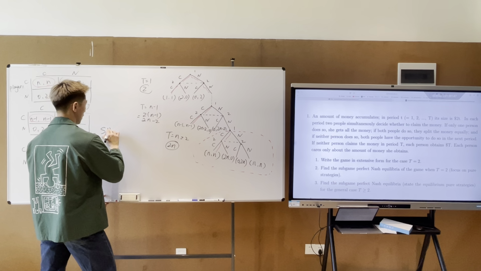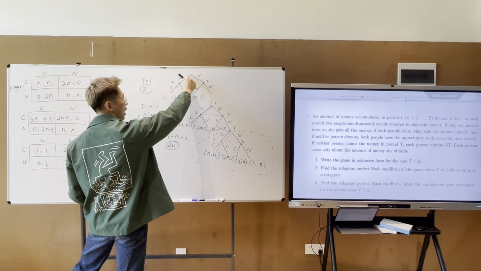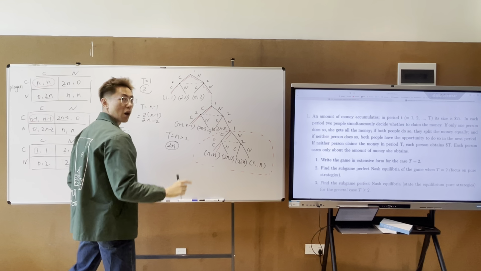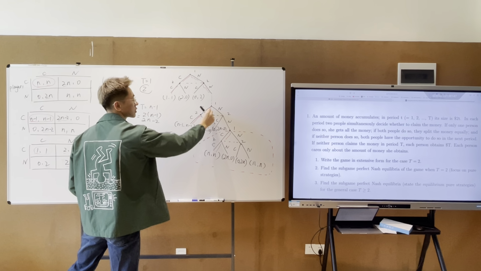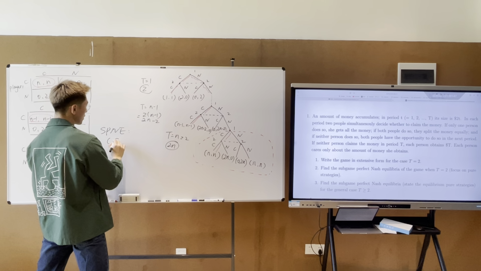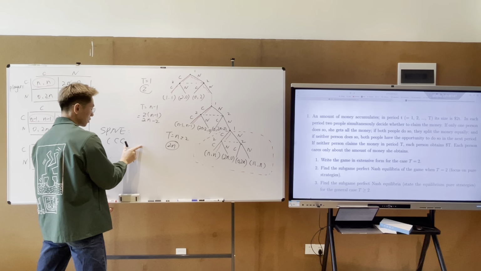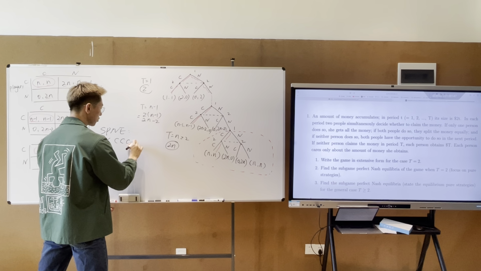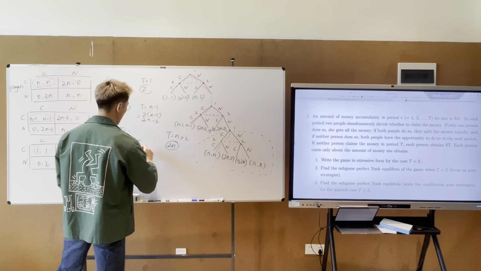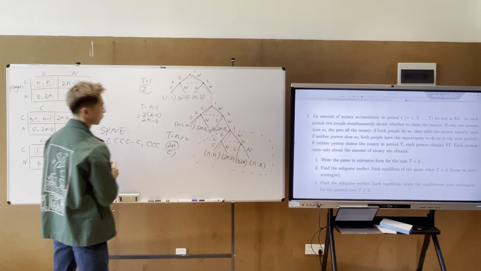The first is that in period 1, both players claim the money, and in all the subsequent periods, both players claim the money, right? So this is for player 1, they claim the money in the first period, and in the subsequent periods, they also claim the money until the end of the game. The same for player 2, right?